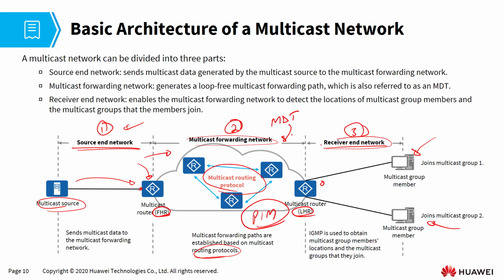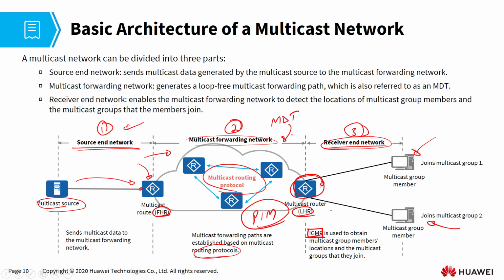On the receiver end network, we need some kind of protocol to help this router know which members have joined which group and which members have left which group. Does this group still have members interested in receiving its packets? IGMP is our candidate here. We're going to talk about IGMP also. We have an entire chapter for IGMP.